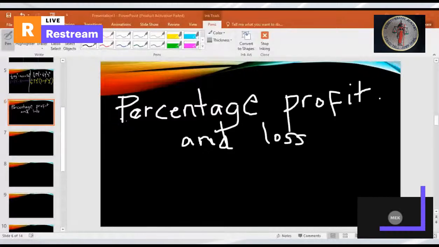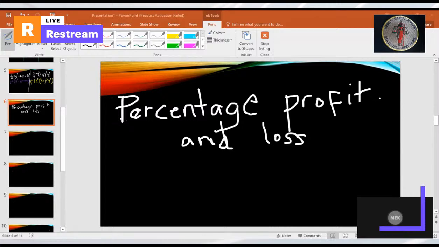So we're looking at percentage profit and loss. Earlier, when we talked about percentage, we said that percent means out of 100. If we're expressing a percent as a fraction, all we need to do is write that percent over 100.